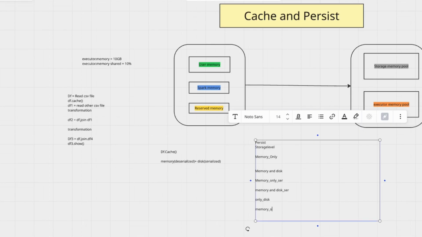The other is memory only underscore 2. That means the data will be stored in the storage memory pool. Data will be in the deserialized fashion, but there will be a replication of two.